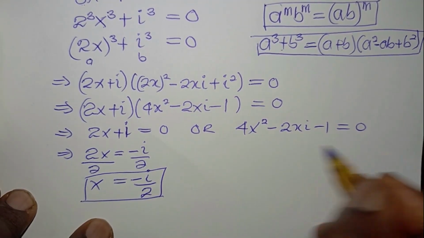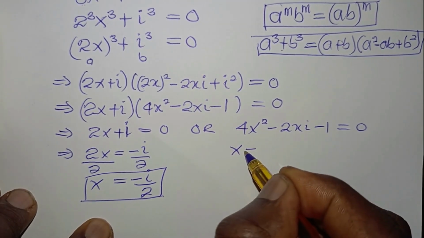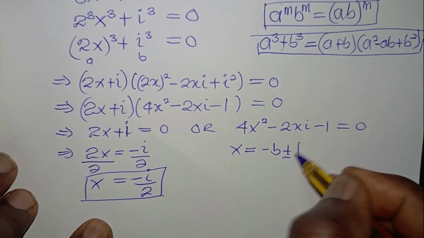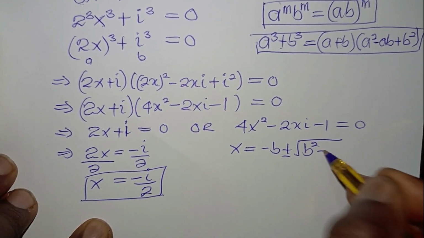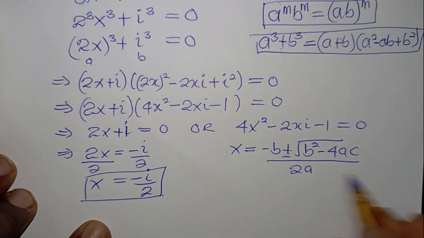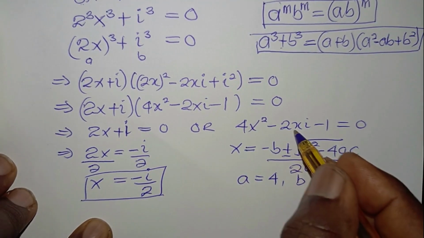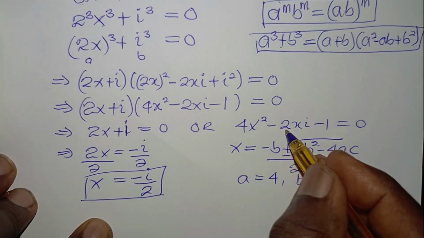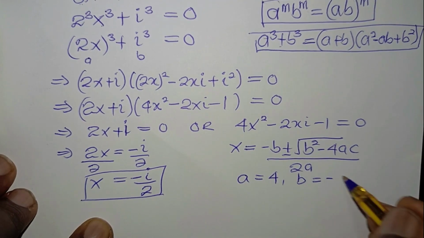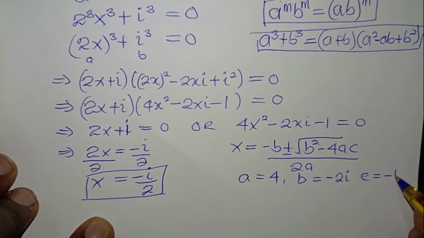Now let's come to this one. This one is a form of quadratic, so we apply the quadratic formula. We have x equals minus b plus or minus square root of b squared minus 4ac, all over 2a. Here b is the coefficient of x, and that will give us minus 2i, and c is equal to minus 1.